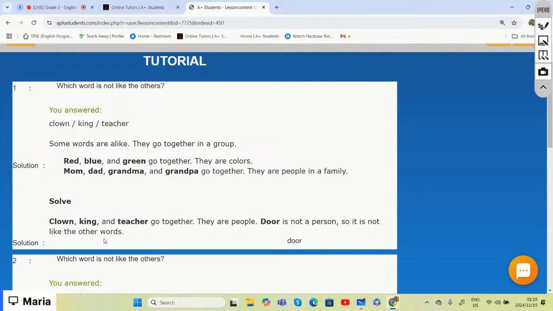If we look at the related words, we said words like red, blue, and green, they go together, or any other colors, they go together.